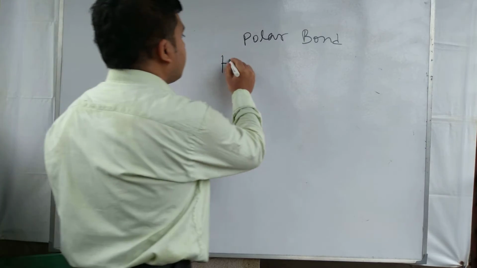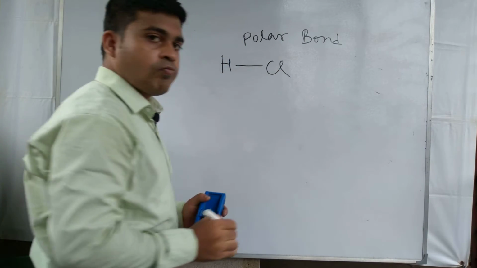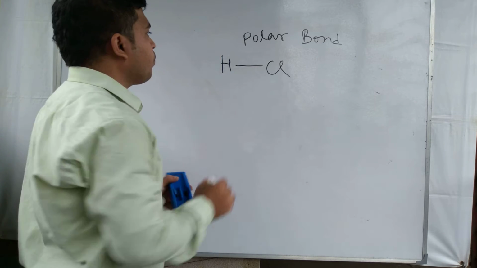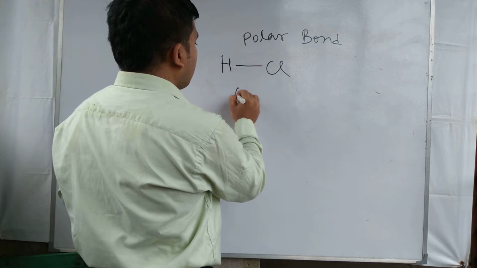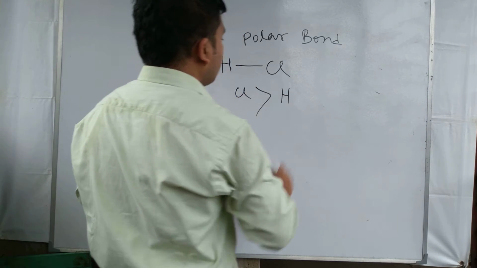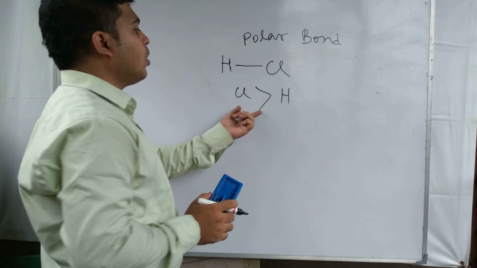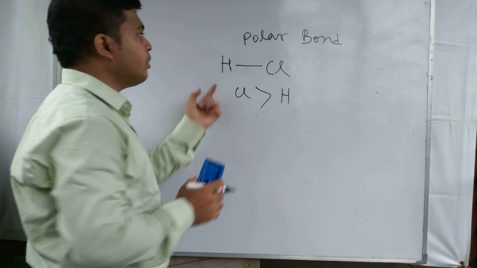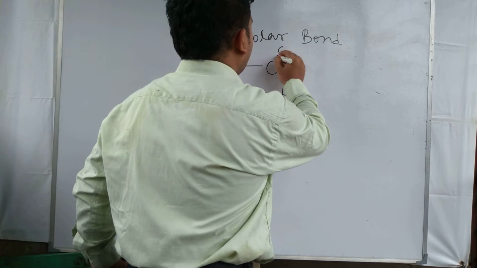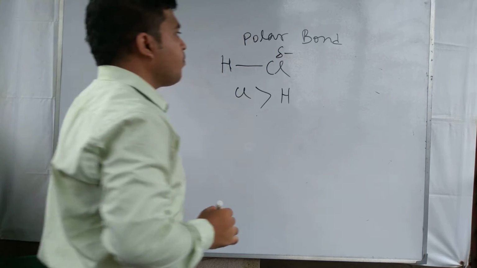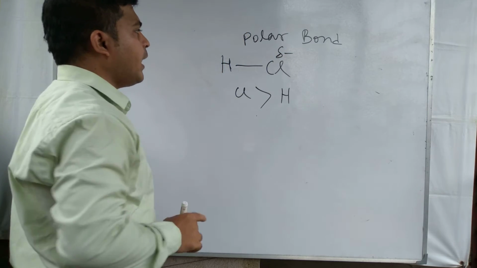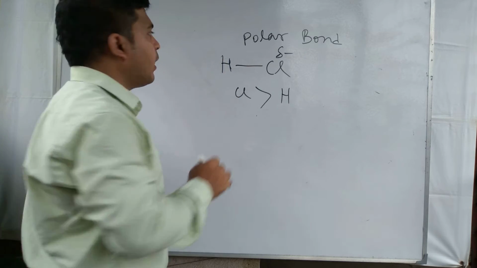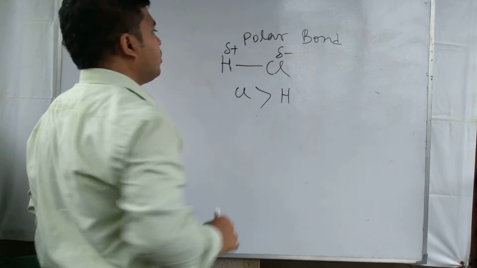Now we discuss the polar bond, like HCl. In the hydrogen chloride molecule, chlorine is more electronegative than hydrogen, and for this reason chlorine gets a partially negative charge and hydrogen gets a partially positive charge.